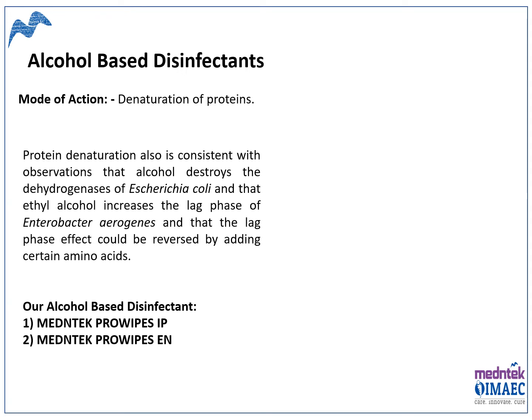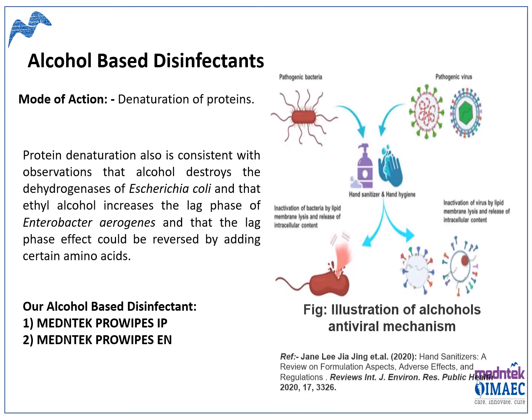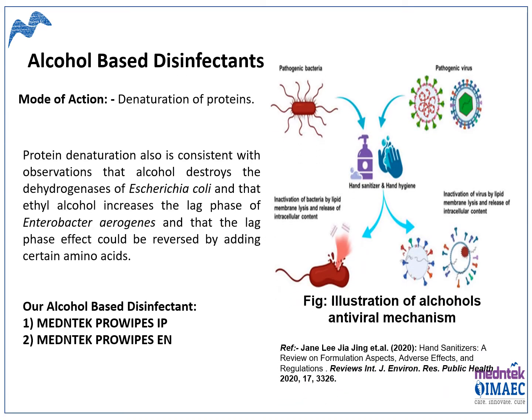Now we are looking at these chemical groups, starting with the nature of the molecule. For alcohol-based disinfectants, the mode of action is denaturation of proteins. Protein denaturation is also consistent with the observation that alcohol destroys the dehydrogenase of E. coli, and that ethyl alcohol increases the lag phase of Enterobacter aerogenes, and that the lag phase effect could be reversed by adding certain amino acids. Most organisms like spores are resistant to alcohol.